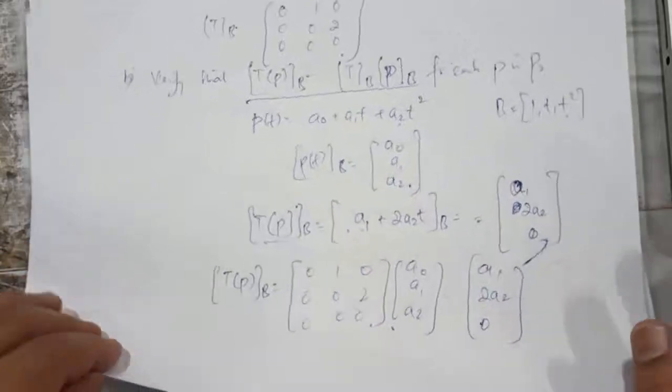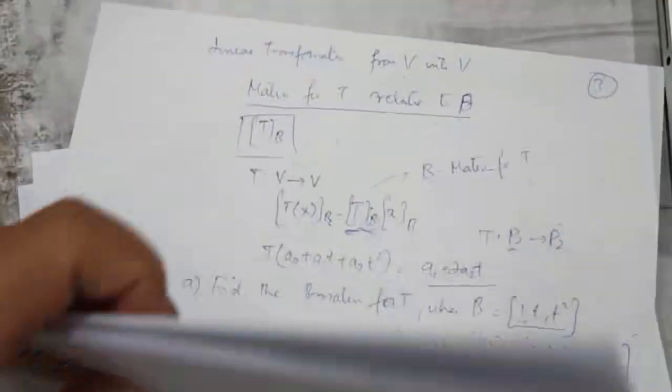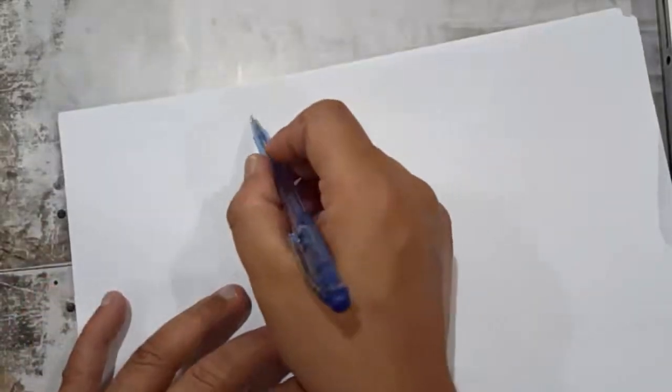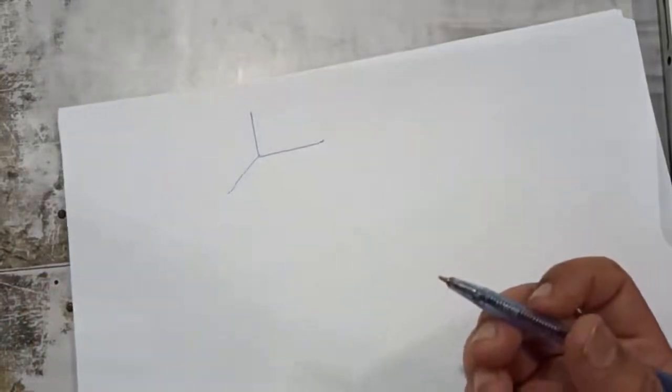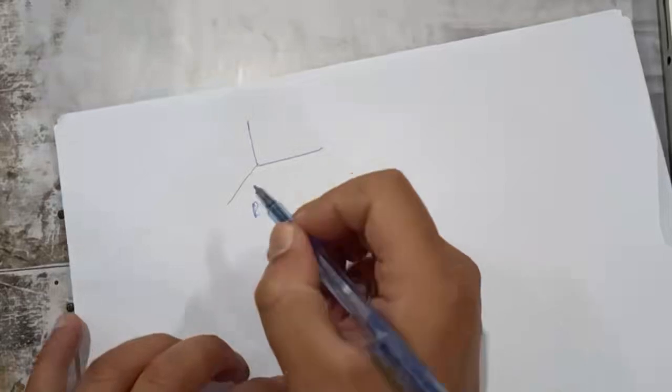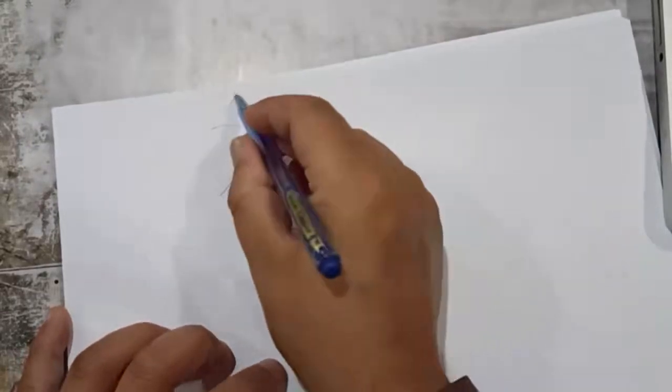Now if I make a diagram to make you understand what we have done, you can think of this as R cube, and that leads to a point in this, let's say corresponding to P2 here.